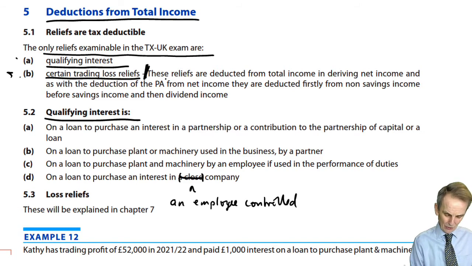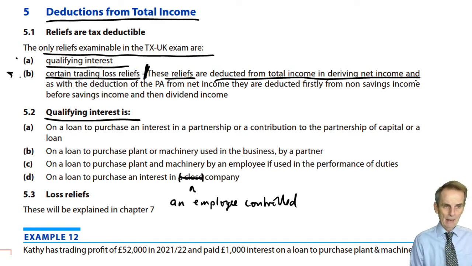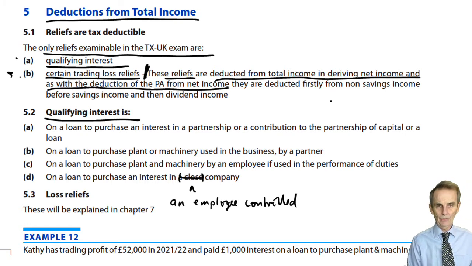So these reliefs, whether it's qualifying interest or the loss reliefs, are deducted, as we know, from total income in deriving the net income. But we don't just run a total column, do we? And therefore, as with the deduction of the personal allowance from net income, the order of set-off is the same.